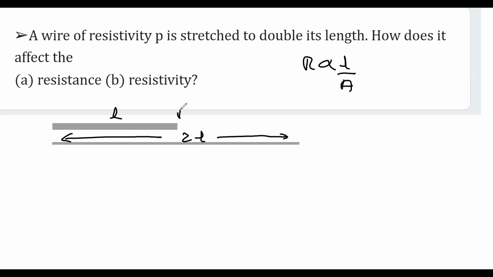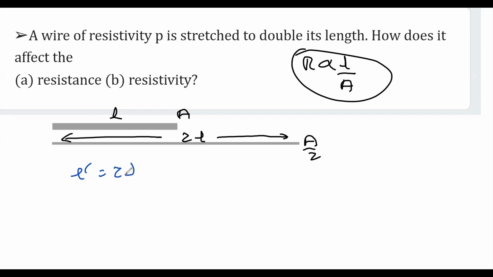And if the original wire has area A, the thickness will become half the original thickness. Now let's use this relation. One more time, the new wire, say L dash, will have a length twice the original wire, and the new area, say A dash, will have a cross-section area of A by 2.